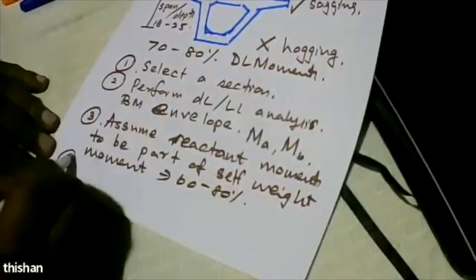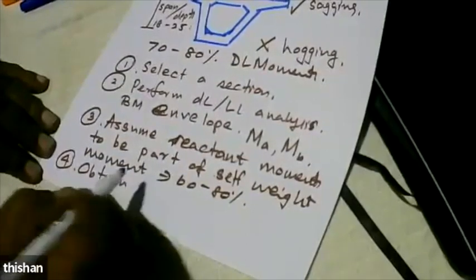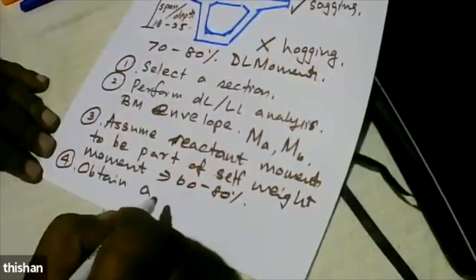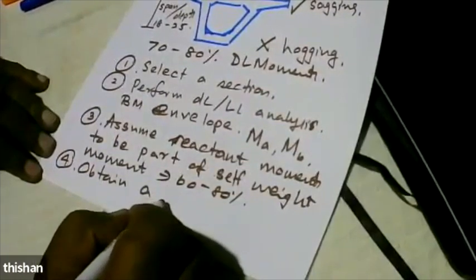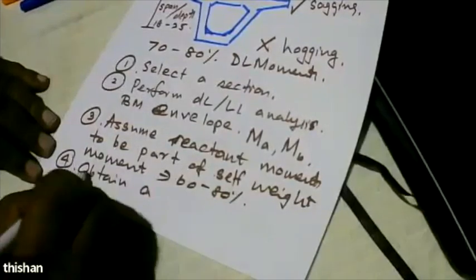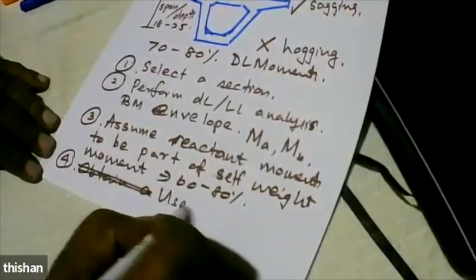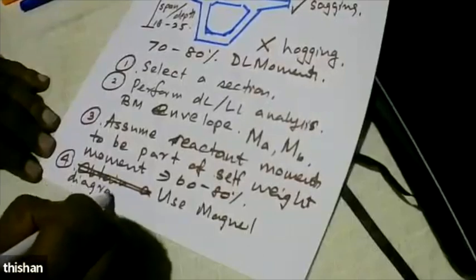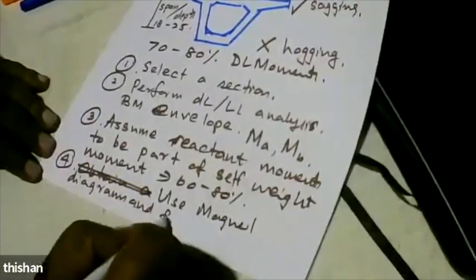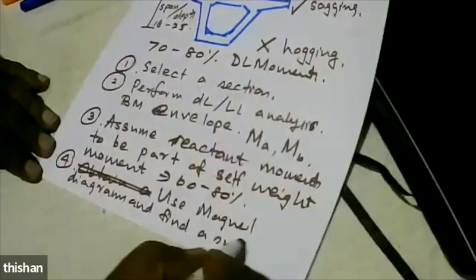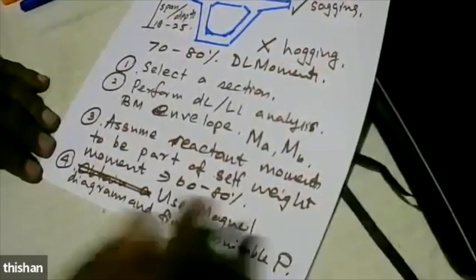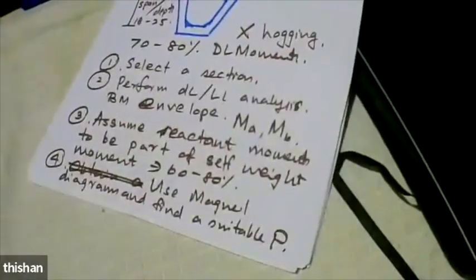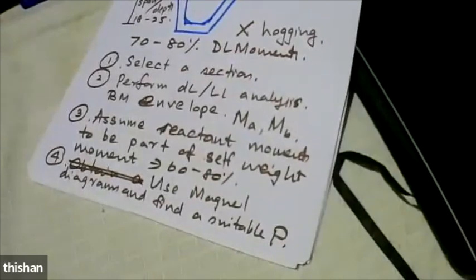Then use Magnel diagrams and find a suitable P. There is a P valid at all sections. Select a suitable P. Use Magnel diagrams and find a suitable P.